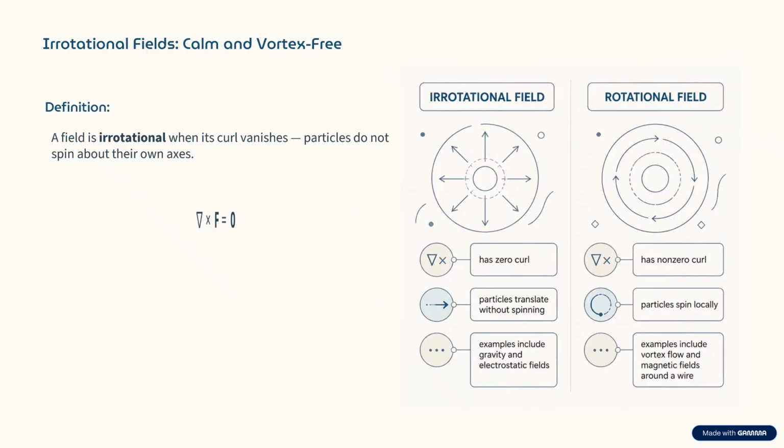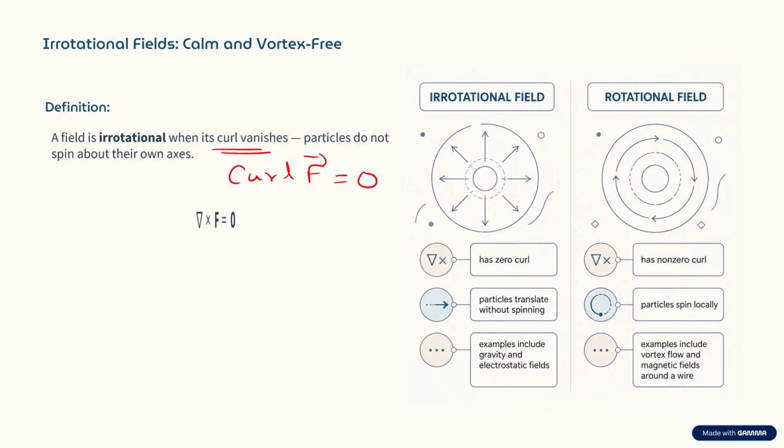Next comes irrotational. This is based on curl. A vector is said to be an irrotational vector when the curl vanishes. So curl of f vector is equal to 0.